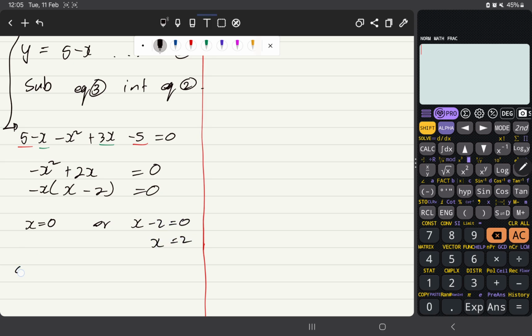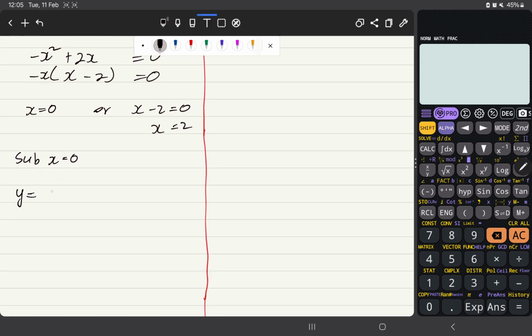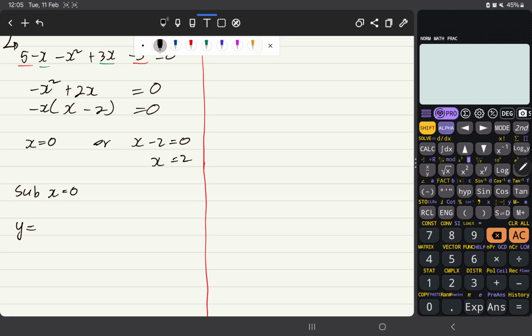Now I'm going to sub x equals 0 into my equation for y. Remember, y equals 5 minus x. So here y will be 5 minus 0, and y will be 5. That means here I have 0 and 5, right? Cool.